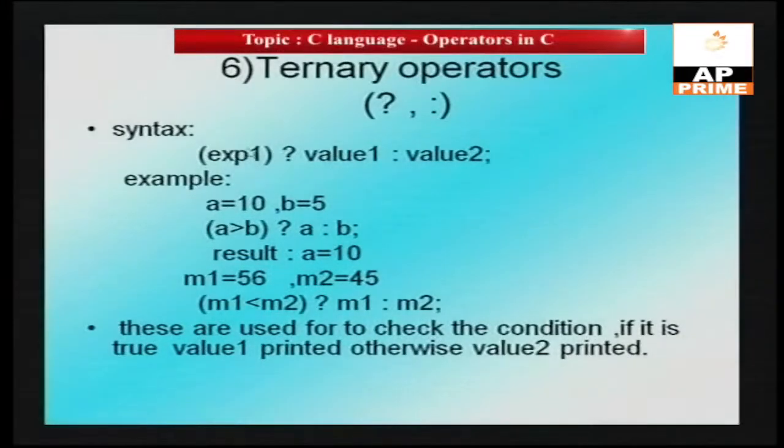Whenever the expression is true, value 1 is printed. Whenever the expression is false, the value after the colon, value 2, is printed. Actually here you have 2 values, but it prints only one value. If the expression is true, value 1 prints. If false, value 2 prints. Any one.